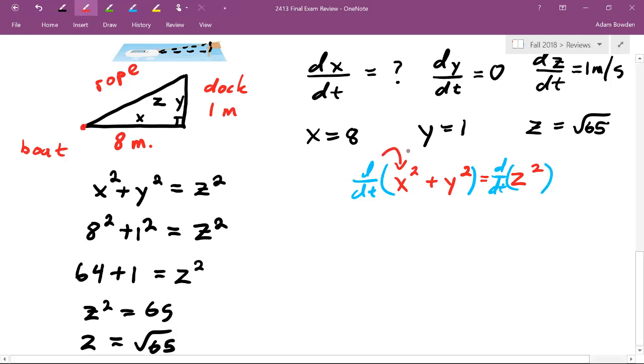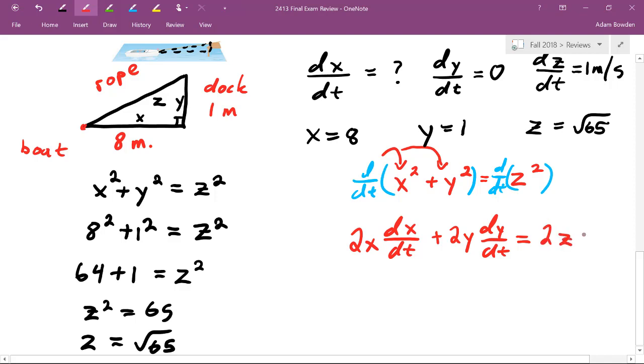So take the derivative of each term here. The derivative of x squared is 2x, but since we're taking it with respect to time, we have to put dx dt along with it. So it would look like 2x dx dt. The derivative with respect to t of y squared would be 2y dy dt. And that's equal to the derivative of z squared, which would be 2z dz dt.